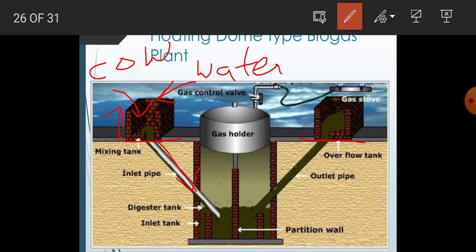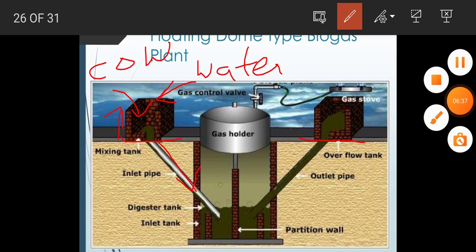After the cow dung and water are mixed, it moves to the digester tank, and here in the digester tank, the decomposition of this slurry happens with the help of bacteria in anaerobic condition, that is, in absence of oxygen, due to which a gas is produced.